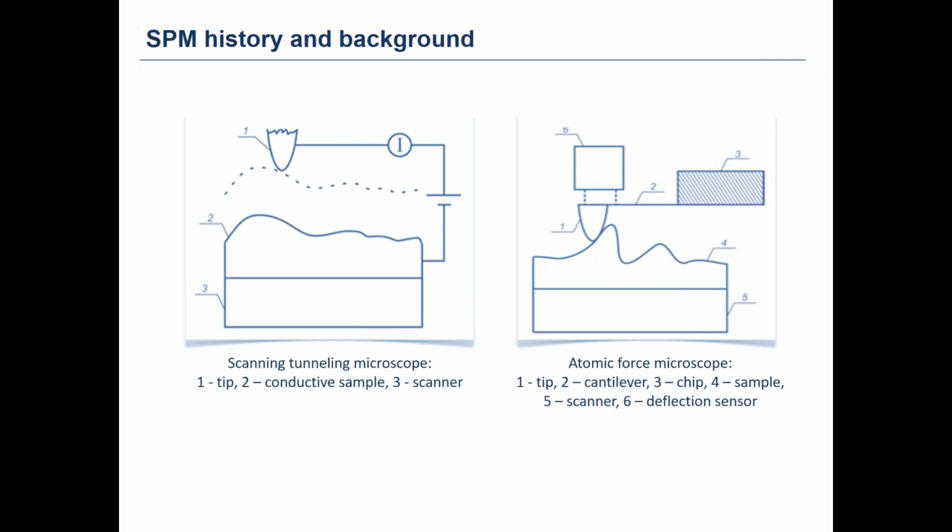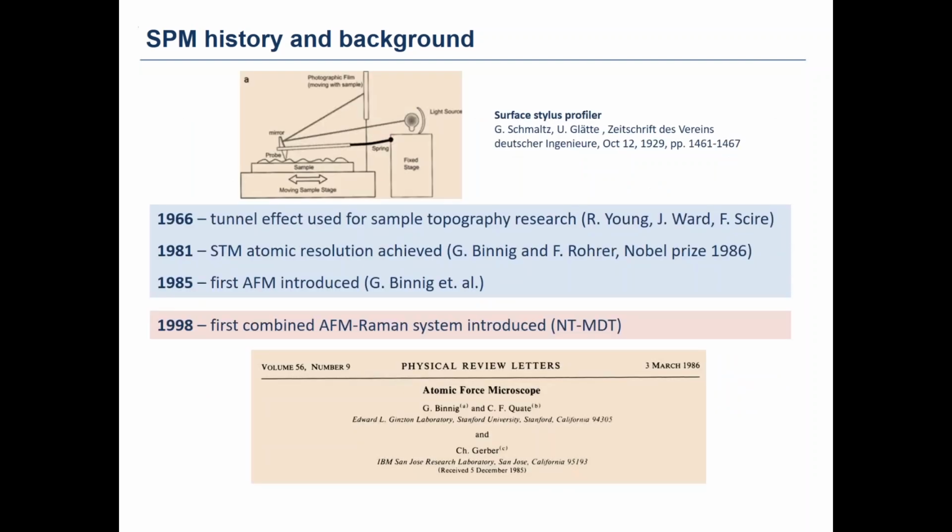But the limitation of the scanning probe microscopy was obvious from the very beginning, because the STM can be applied just to conductive samples, and that is why the same group introduced the atomic force microscope in 1986.